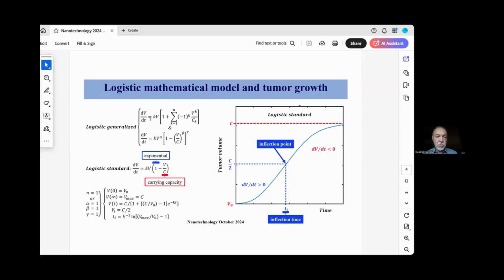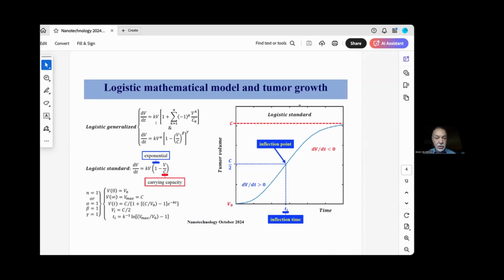The second way to describe this first order differential equation, whose solution is the logistic function, is actually the same exponential. However, you describe it using three parameters, which are alpha, beta, and gamma. Both ways you can use to describe a tumor growth, typically in the generalized logistic model.